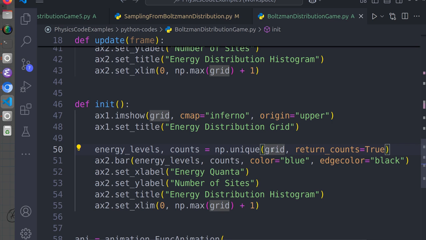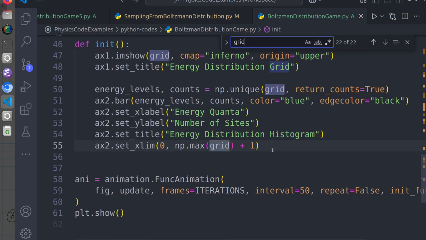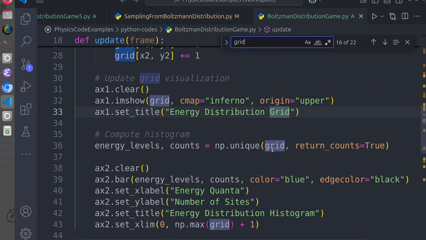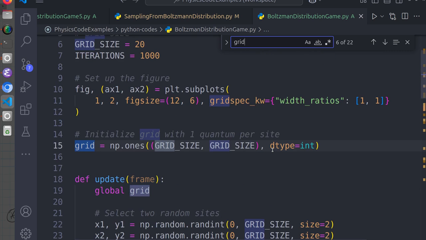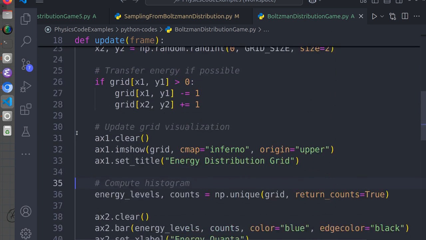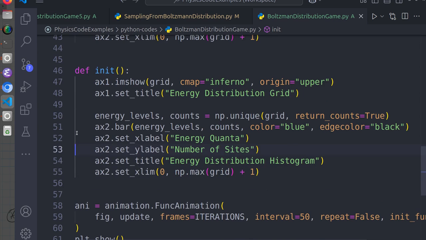Grid is defined earlier. Let's see, grid. You can see grid is here, initialized earlier, where we have ones on all sides, right? And so we have the levels for the plots and the title.